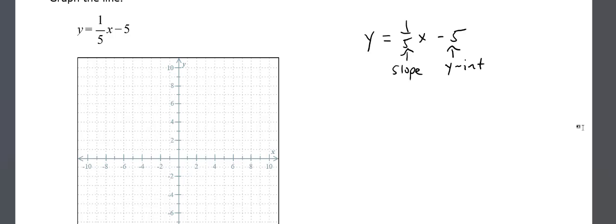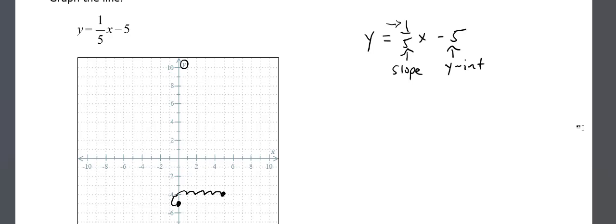So we come to our y-axis, and we go to -5 and plot our point. Our slope is 1/5. So from there, the change in the rise is 1, so we move up 1. And the change in the run is +5, so from there, we move to the right 5.